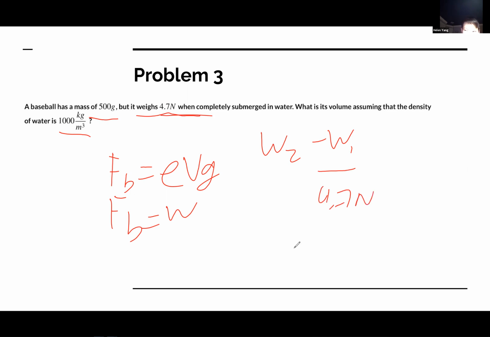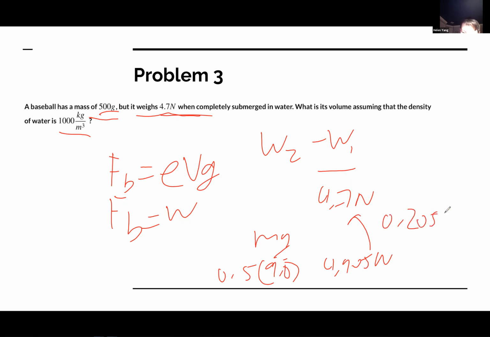To find weight 2, it would just be mg, which is 500 grams, I'm sorry, 0.5 kgs times 9.8, and that's equal to 4.095 newtons. If you subtract them, it would be 0.205 newtons. So you know the force is 0.205 newtons.